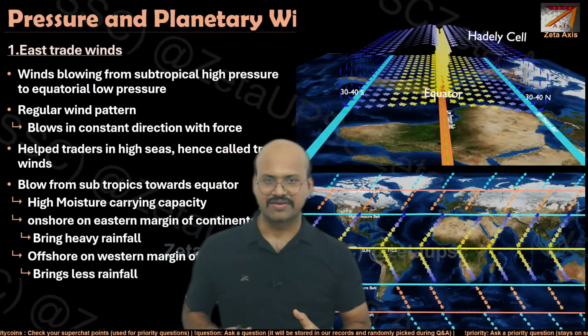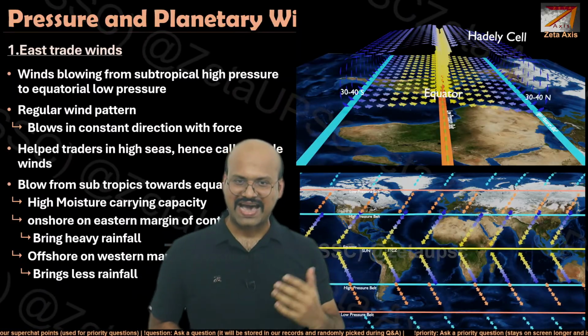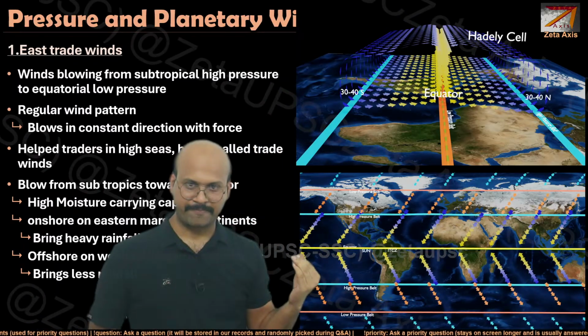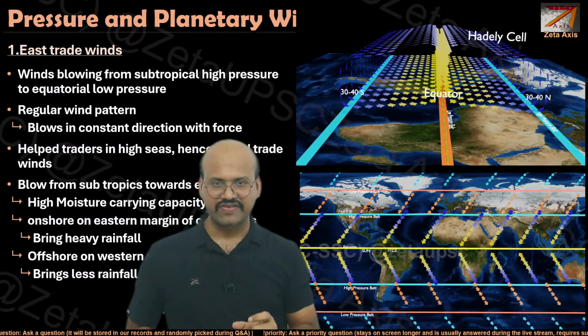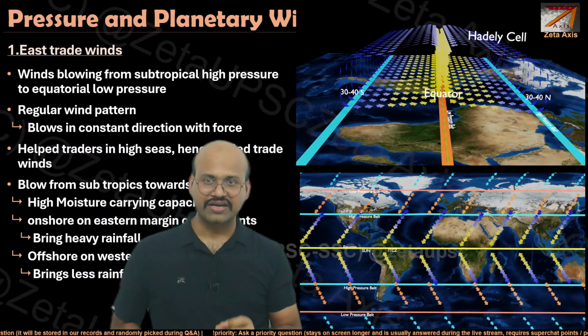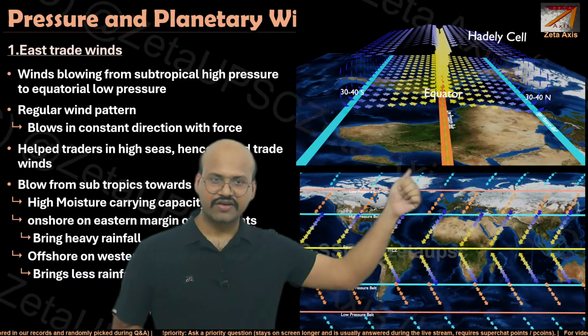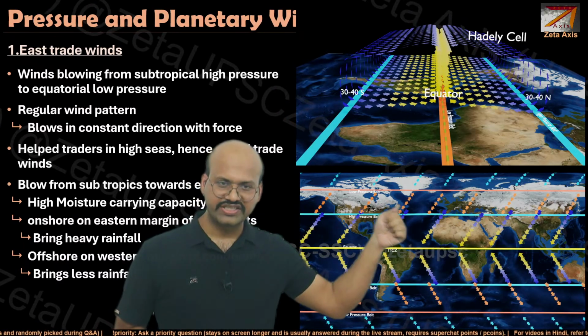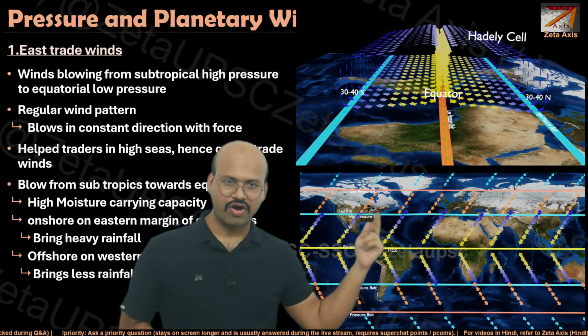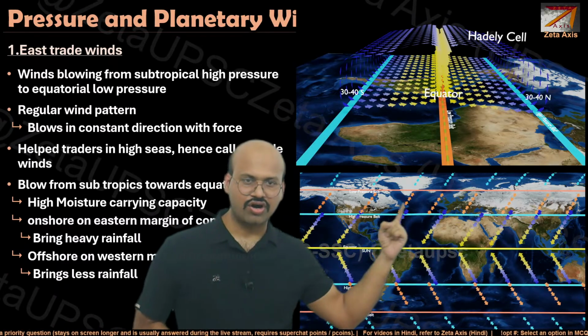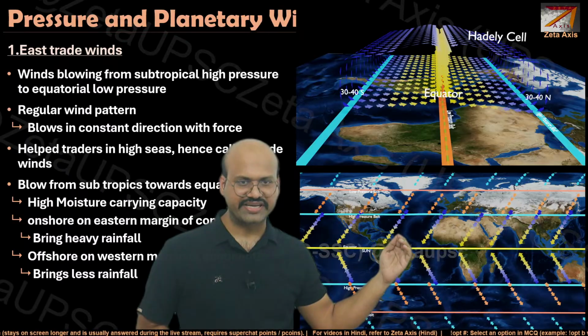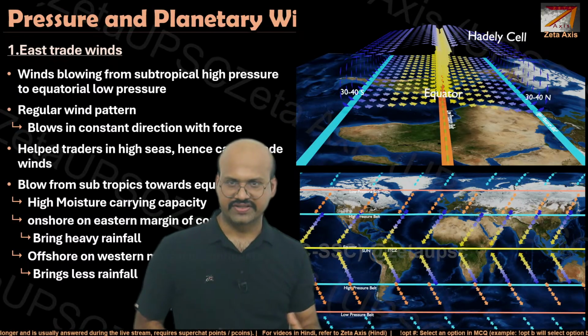So a wind system is always named from the direction from which it is coming. So these winds are coming from the east towards the west, and that is why they are called easterlies or east trade winds. Here, these are the westerlies because they move from the western direction towards the eastern direction. That is why these are called westerlies and these are called east trade winds. Generally they are called trade winds.